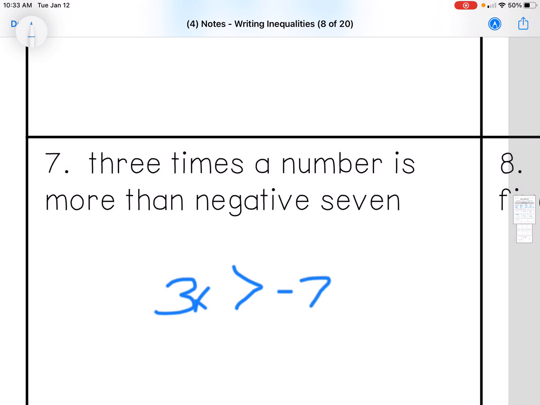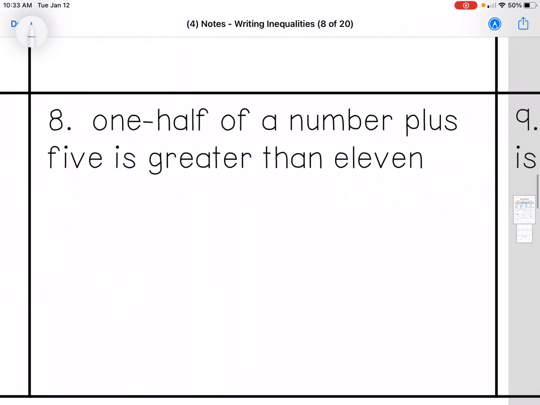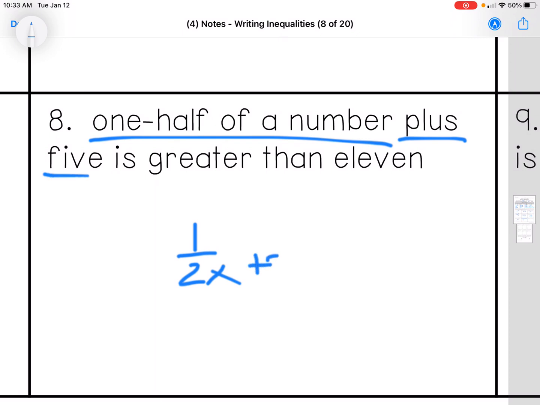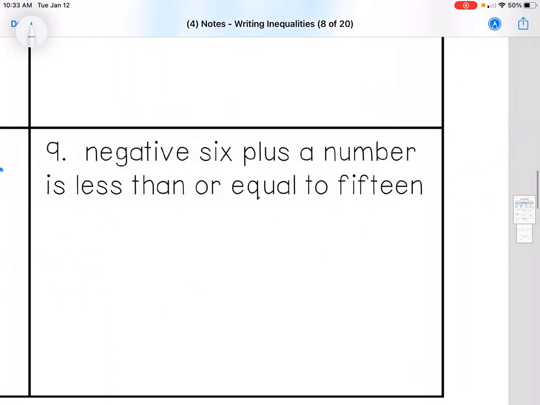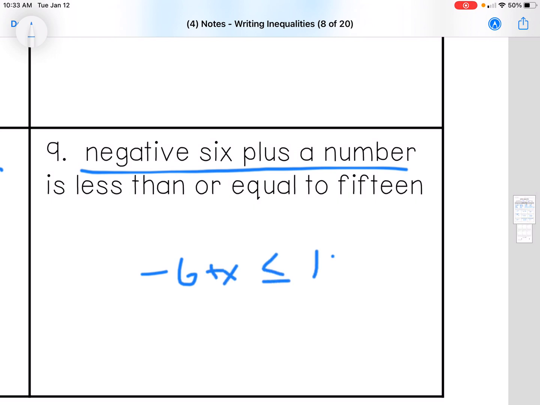For the sign, all you got to do is scroll up to the top and see which word it uses. 1/2 a number, okay, so that's 1/2 of x plus 5 is greater than 11. -6 plus a number, so -6 plus x is less than or equal to 15.